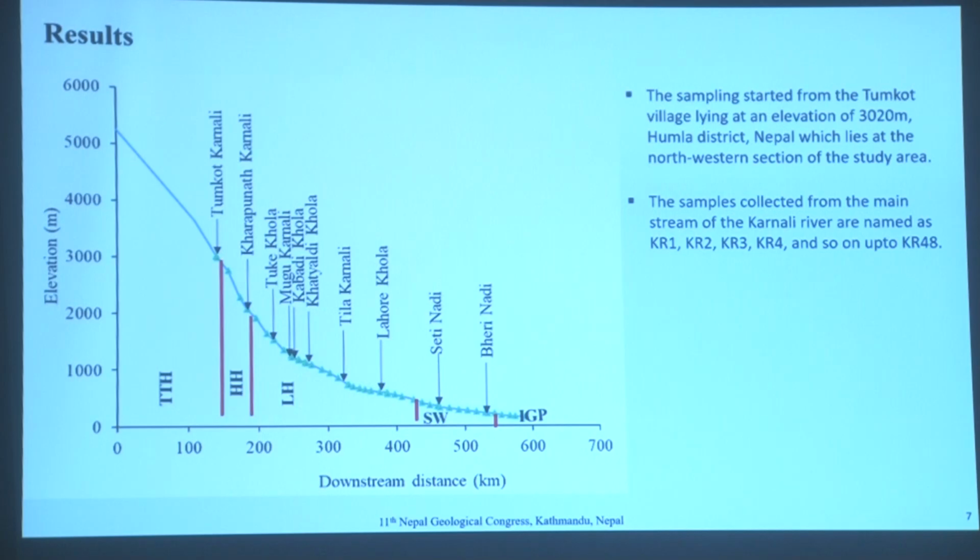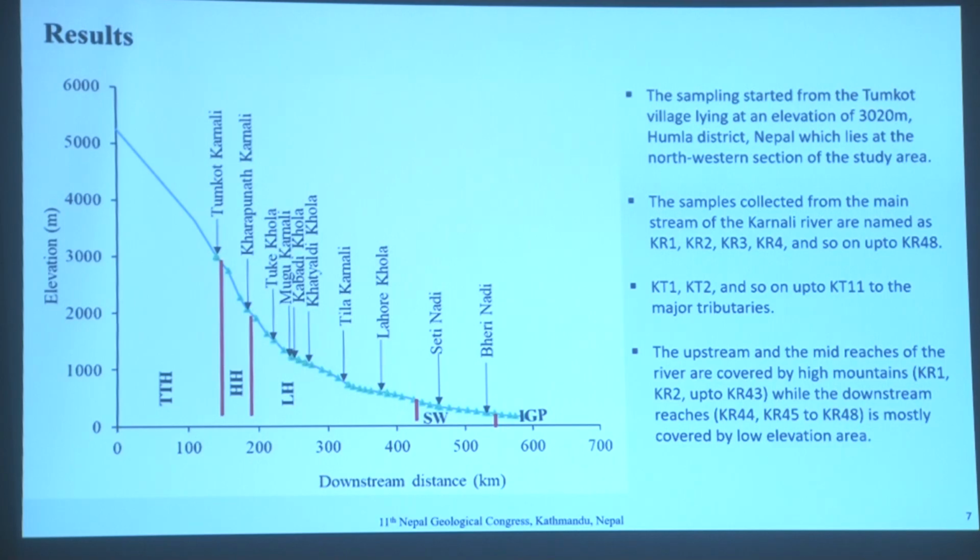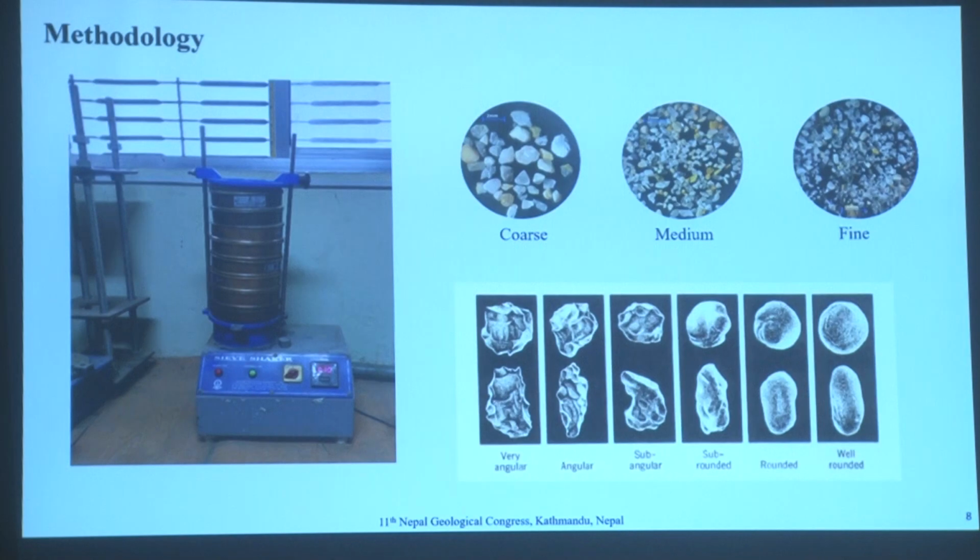About 48 samples along the main channel of the Karnali River were collected, and 11 from the tributaries of the Karnali River system. The upstream and the mid reaches of the Karnali River are covered by high mountains. Samples KR1 to KR43 lie in the upstream and the mid reaches, while samples KR43 to KR48 lie in the lowest elevation area.